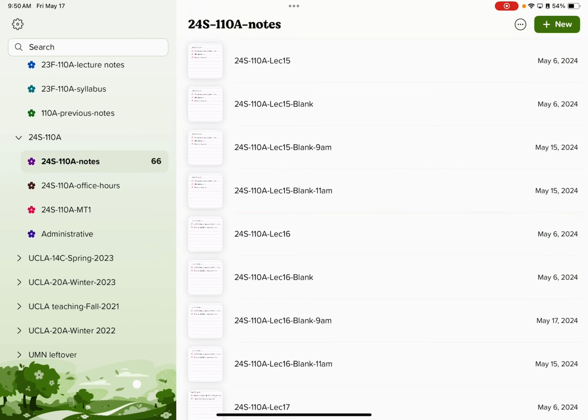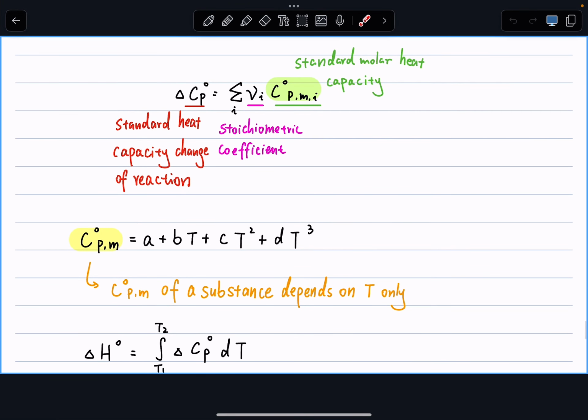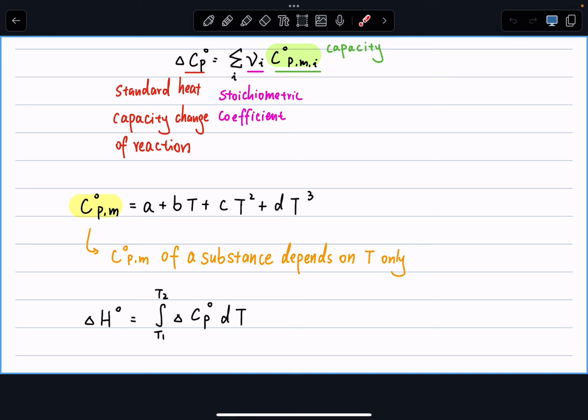And alternatively, we can also have an expression for this standard molar heat capacity. Occasionally we'll also give you an equation, basically an expanded equation that's dependent on temperature. Okay, I'm running out of time.